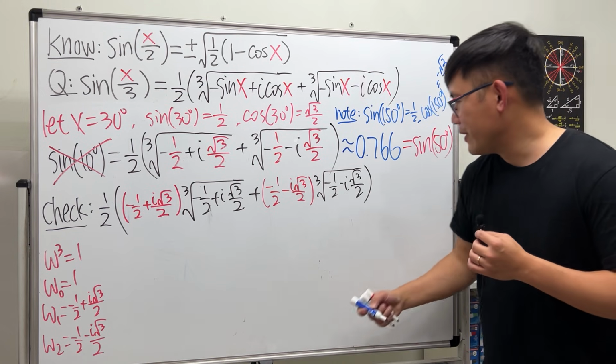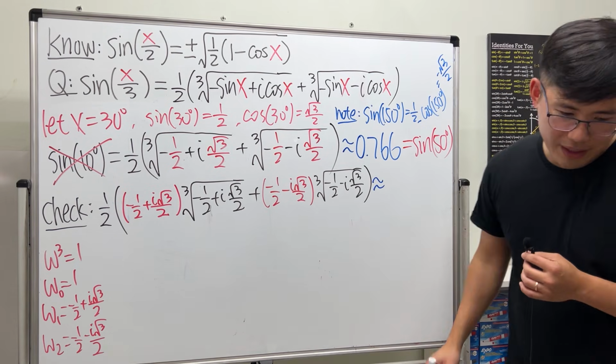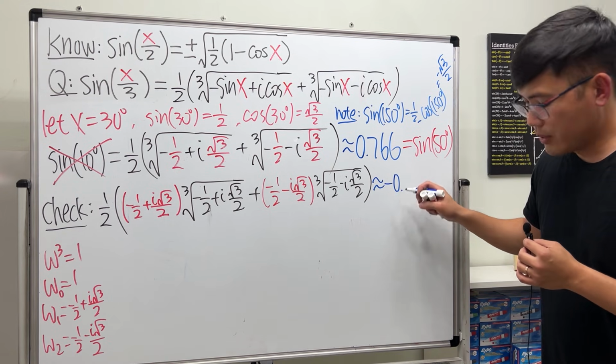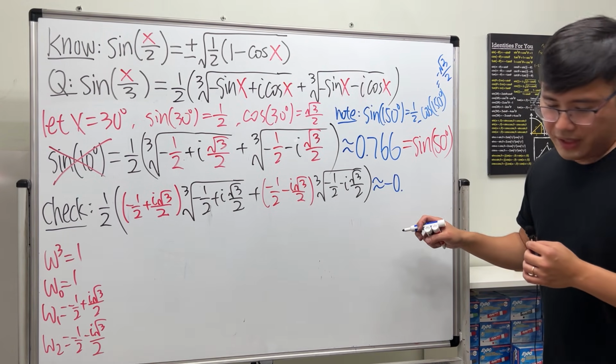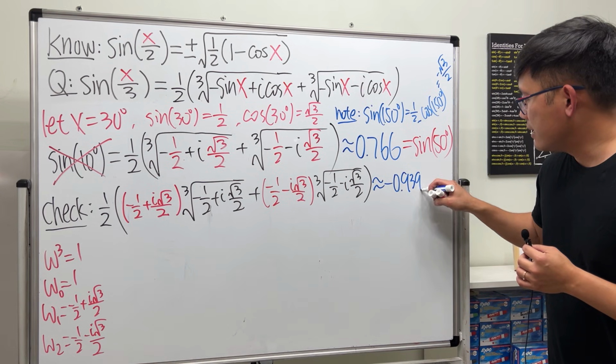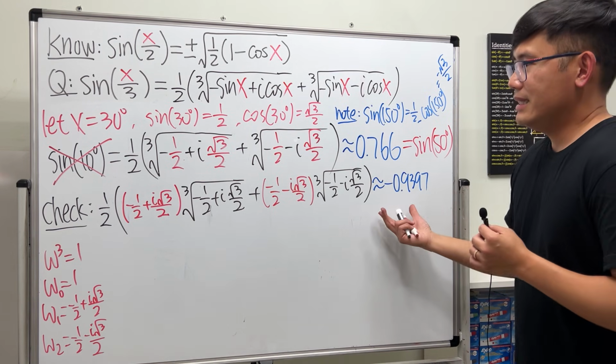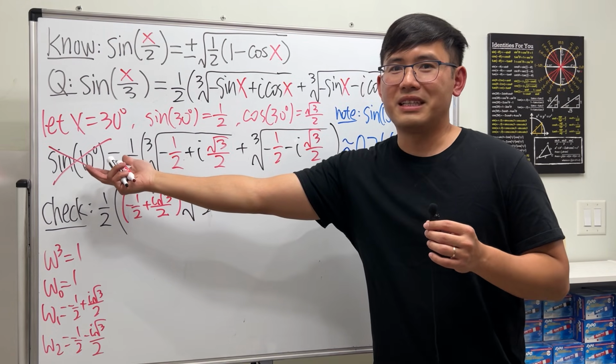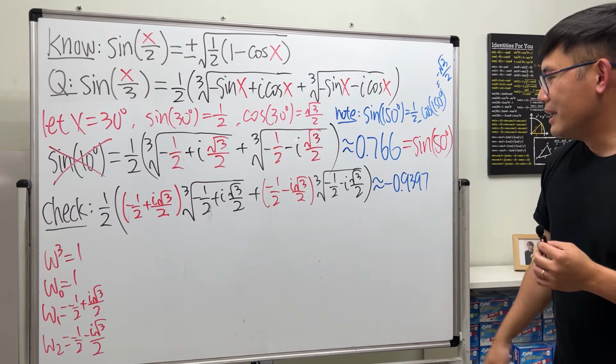And I will tell you, if you use Wolfram Alpha, this right here gives you a negative number. This is about negative 0.9397. Again, this is not going to give a sine of 10 degrees because that's for sure positive. And by the way, why is this?